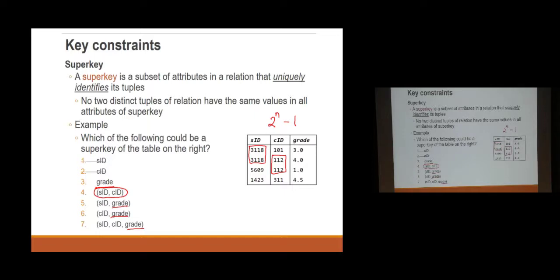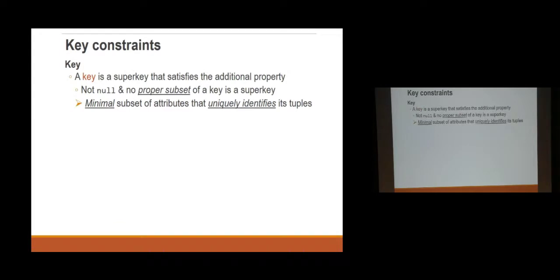Once we have a super key, anything that includes the super key is also a super key. So it's not really that important a notion for us. We want to know the minimal one: an attribute set that cannot be decomposed further. That is the notion of a key.